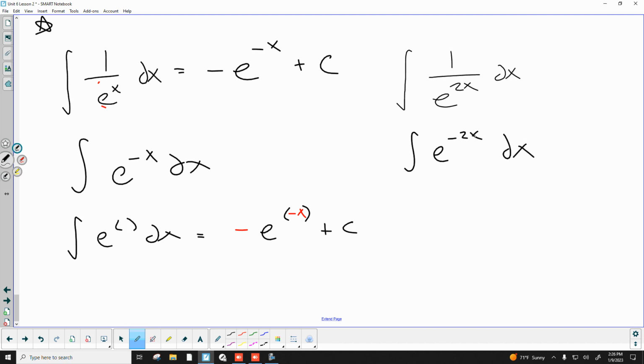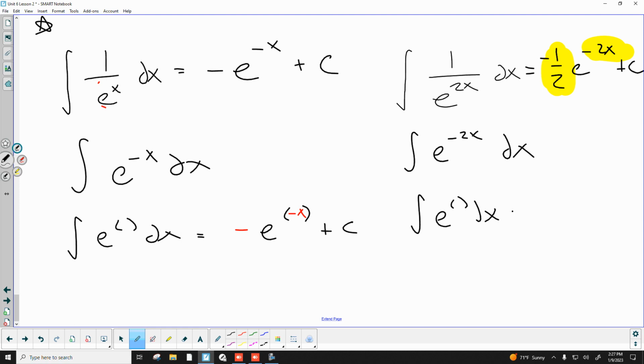This is not a negative first power. This is a negative 2x power. So if I were to do this, it'd be the antiderivative of e to the parentheses.